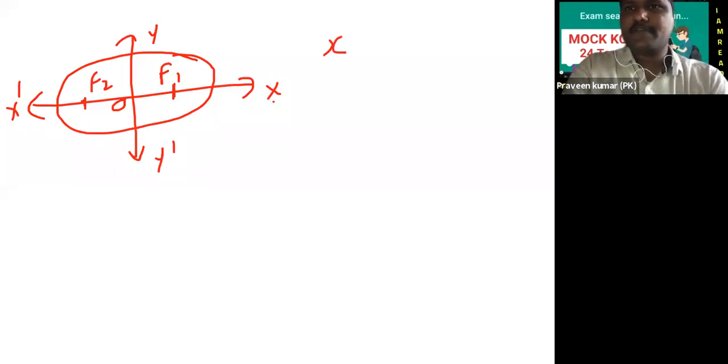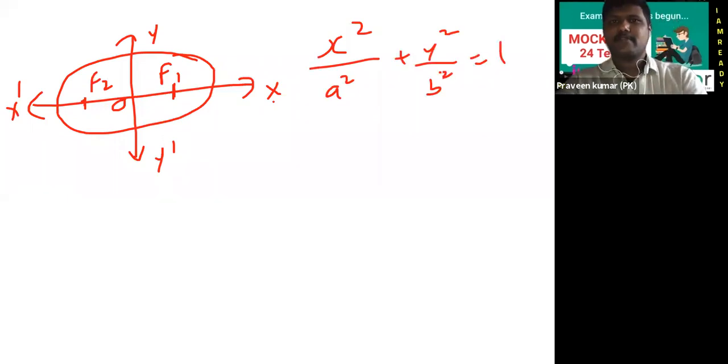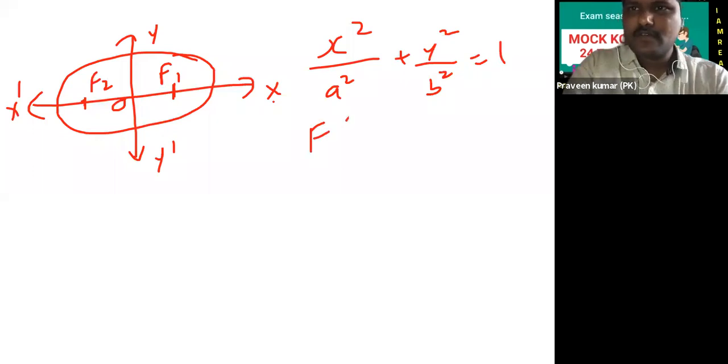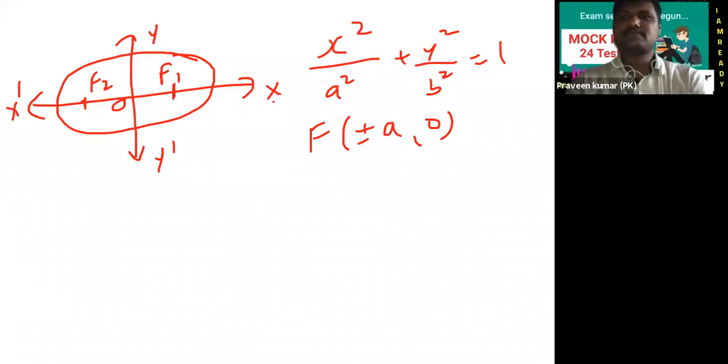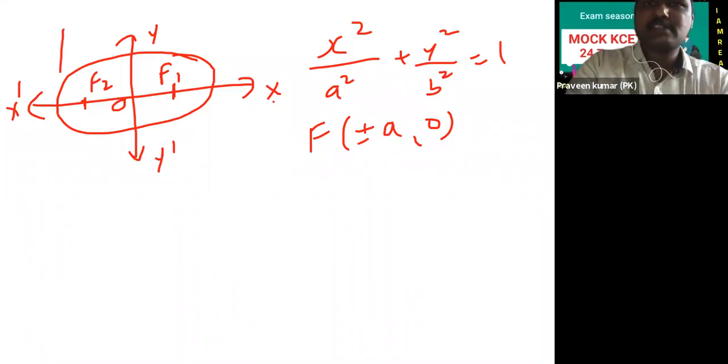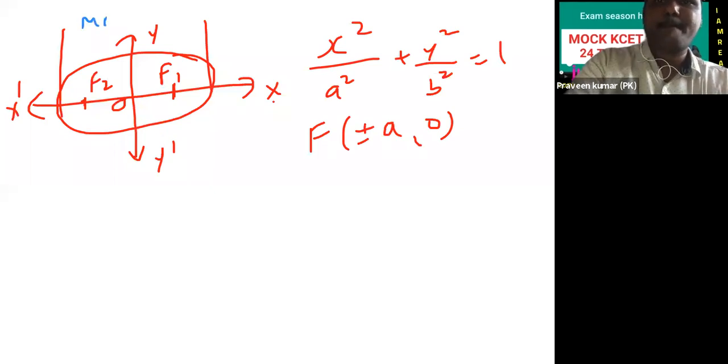The equation of the ellipse is x square by a square plus y square by b square is equal to 1. Focus is plus or minus a comma 0. This is called the major axis.